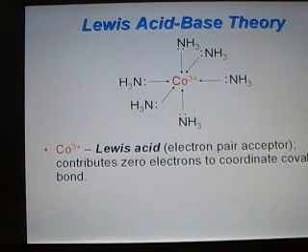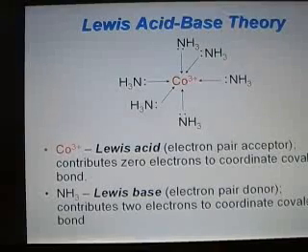It accepts electron pairs, and it contributes 0 electron pairs to the coordinate covalent bond. However, the Lewis base is NH3, and it's the electron pair donor. It contributes 2 electrons to the coordinate covalent bond. So both electrons in this case come from the ligand to form that bond.